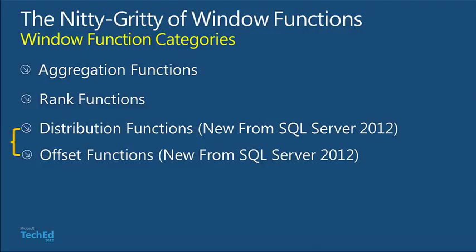But in SQL Server Books Online, the distribution functions and offset functions are combined together and called analytic functions. So if you go to Books Online, there's no such thing as distribution and offset. But to me, this four-category split is a little bit more intuitive.